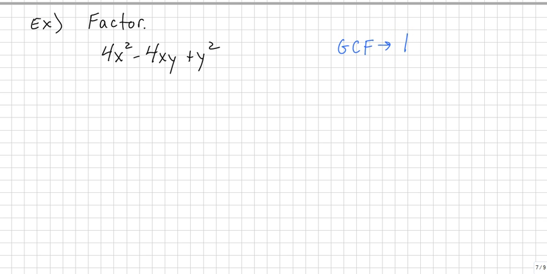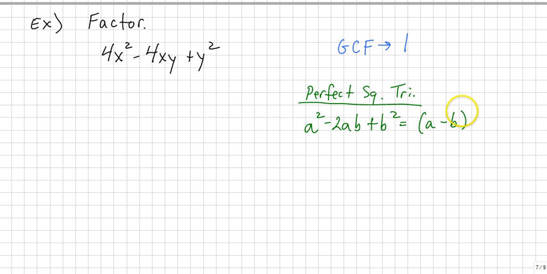So maybe we can make it look like a perfect square trinomial. So I do have a negative. So again, so I don't have to scroll back up, our perfect square trinomial, one of them was a squared minus 2ab plus b squared. We'll always factor into a minus b squared. So let's see if we can make this one look like this. I need it to be something squared.